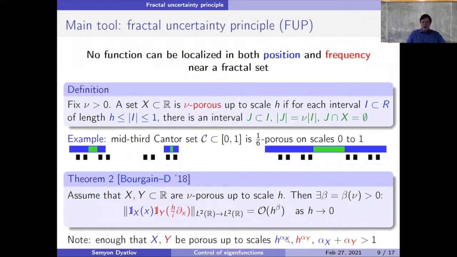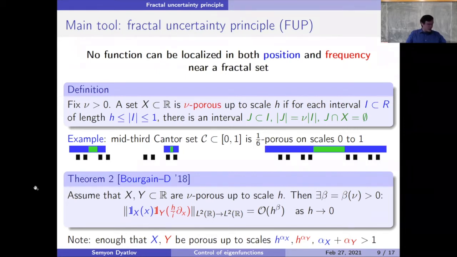But once you get porosity just past that scale, then you can still prove this Fractal Uncertainty Principle. So that's nice. It's sharp in the sense that if you require porosity on two different scales, either it holds, or if this inequality is not satisfied, then it's easy to show that it fails, even the standard uncertainty principle. All right, so that's the statement.